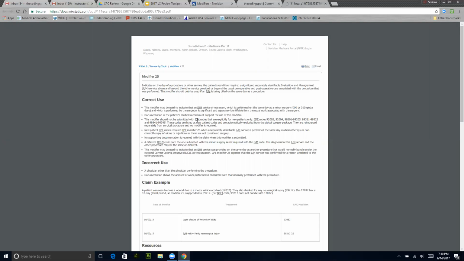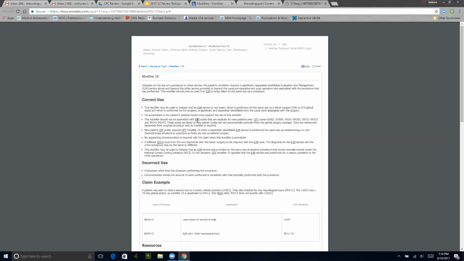I won't read it out loud to you, but it notes here, this modifier is not used to report an E&M service that resulted in a decision to perform surgery. See Modifier 57. For significant separately identifiable non-E&M service, see Modifier 59. So our book is giving us all of these great tricks and tips, right? But we can always use a little bit more.